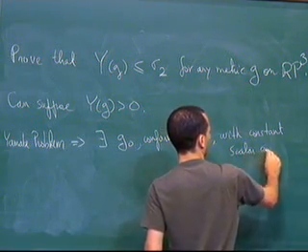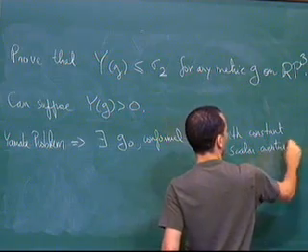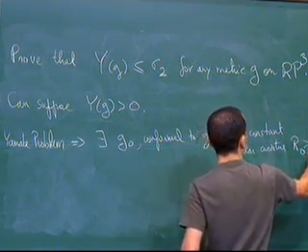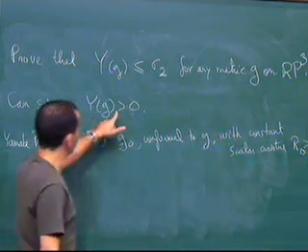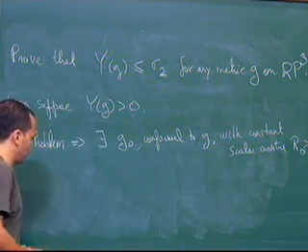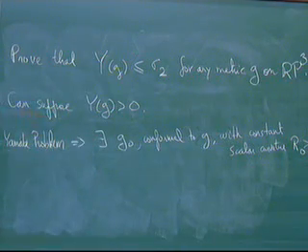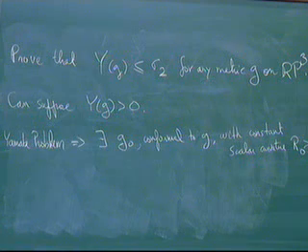Let's say R naught, and positive because the sign of the constant has to coincide with the sign of the conformal invariant. So you can always talk about this G naught.